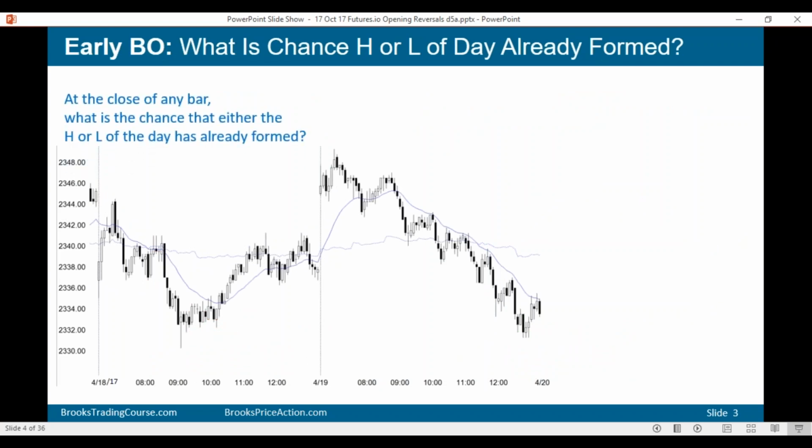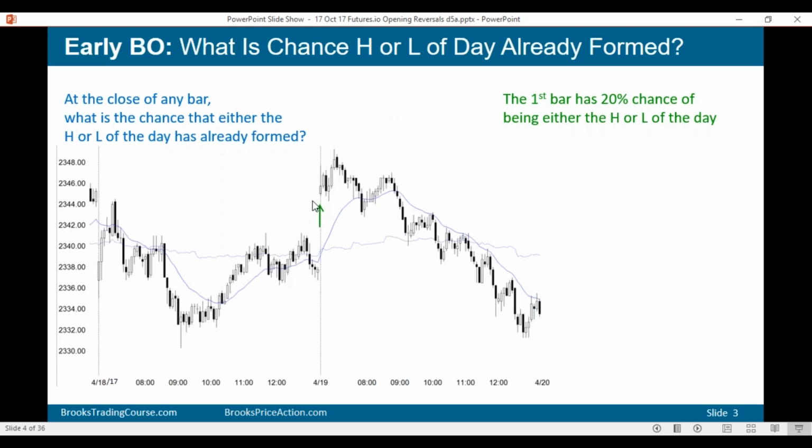At the close of any bar of the day, you can get an idea of whether or not the high of the day or the low of the day has already formed. For example, by the close of the first bar of the day, there's a 20% chance that it will remain the low of the day. There's also a 20% chance that it will be the high of the day.